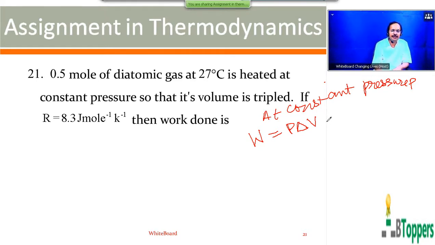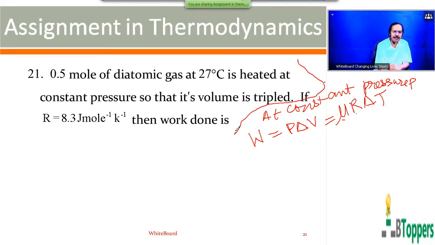When pressure is constant, P delta V can also be written as nu R delta T. Nu is given, R is given, so to find work done you have to find delta T.